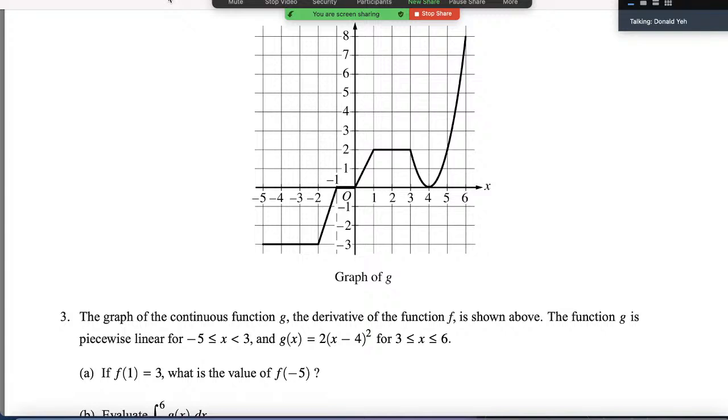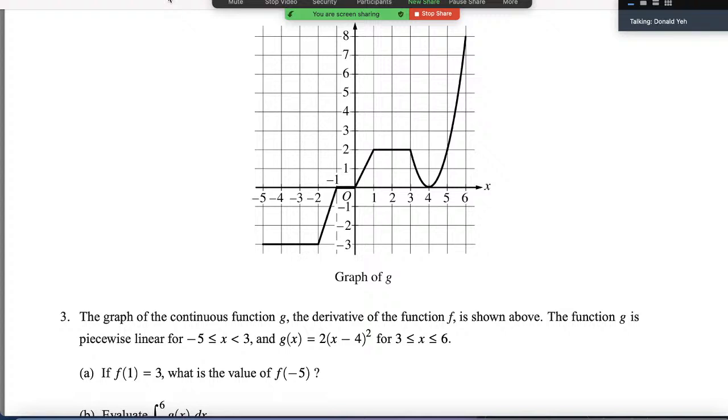Okay, negative 5 to 1 is going to be 3 minus, this one's going to be 9 plus, oh, that's below the x-axis, so it's going to be minus 9 plus 3 over 2, and to 1, right?